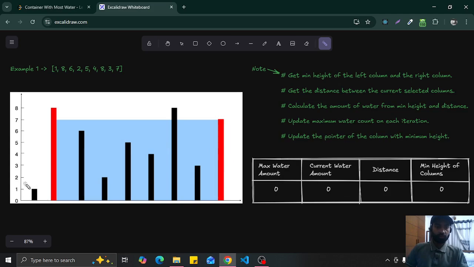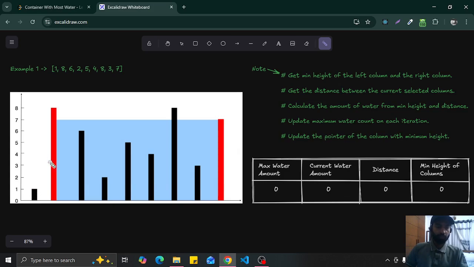If we consider this column as the left side of the container and this column as the right side of the container, so this is going to be our container.